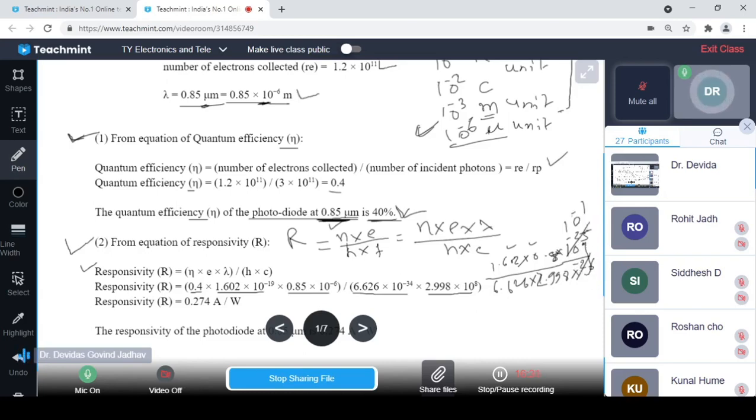So the multiplication will be 10 raised to minus 25 plus 26, which is 10 raised to plus 1, that is 10. So now you can calculate with the calculator: 1.602 into 0.85 divided by 6.626 into 2.998, multiplied by this 10. So what do we have to calculate?